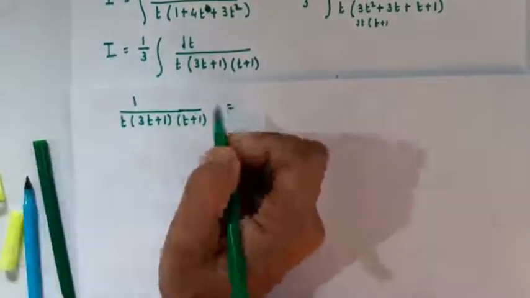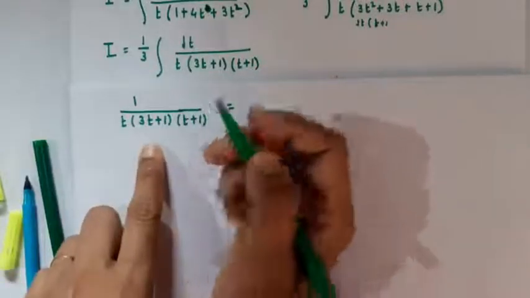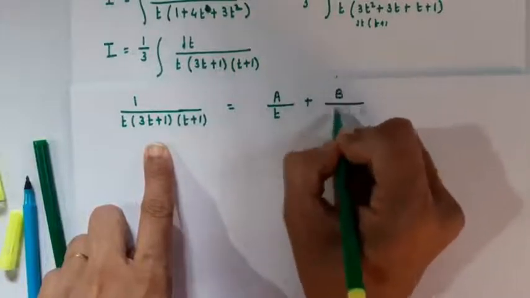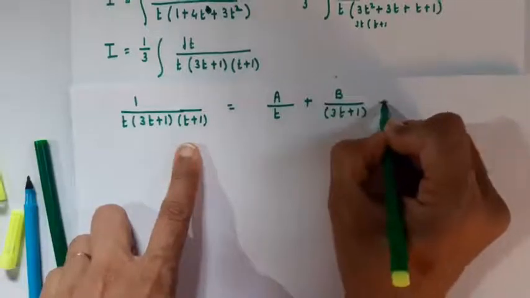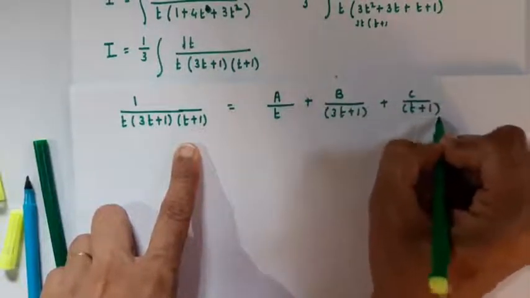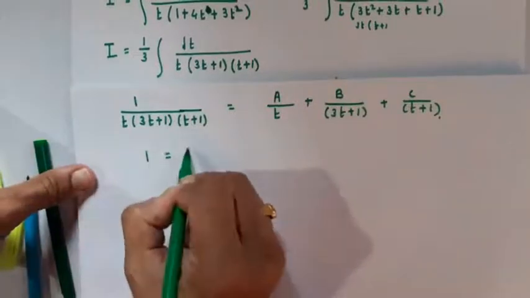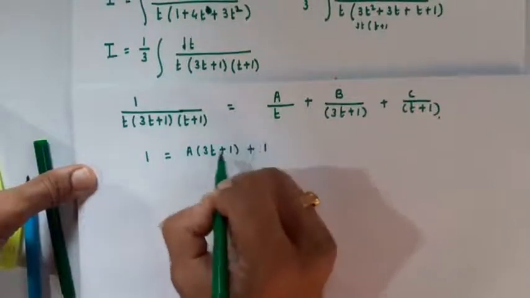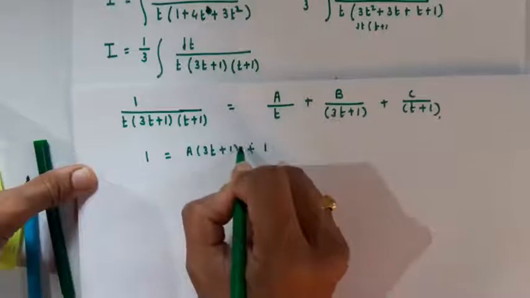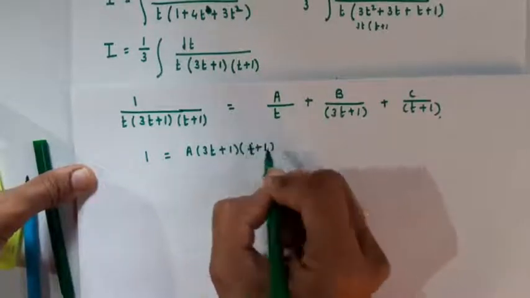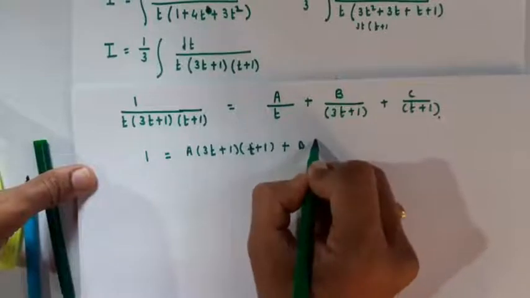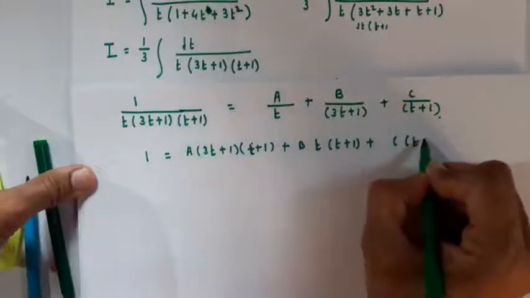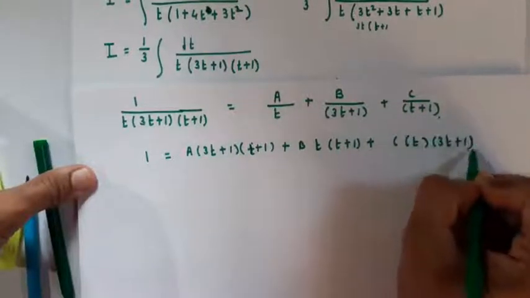Now we can write this in the form of partial fractions, that is a upon t plus b upon 3t plus 1 plus c upon t plus 1, and this gives 1 equals a into 3t plus 1 into t plus 1, plus b into t into t plus 1, plus c into t into 3t plus 1. In this way.